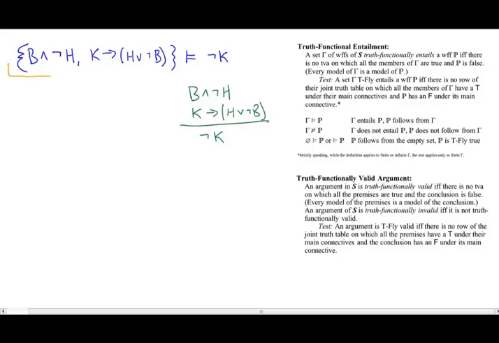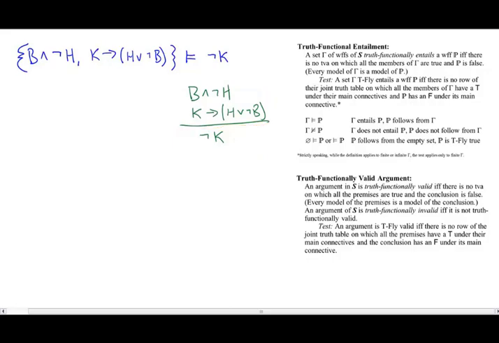Consider the set here with the target statement not K. The claim is that the set does entail the target statement. Compare that to the argument using the same formulas here. The members of the set are the premises, and the claim is that the conclusion, not K, follows.